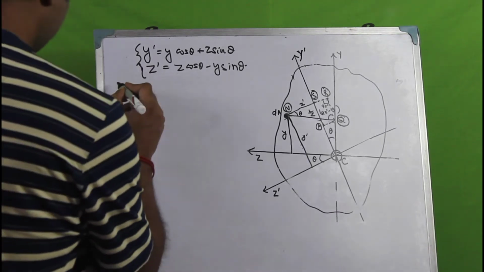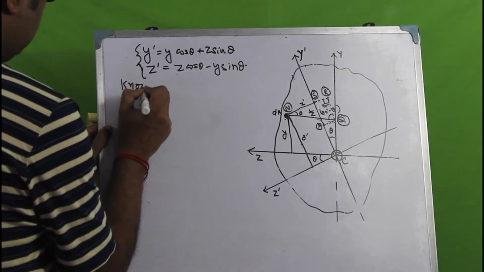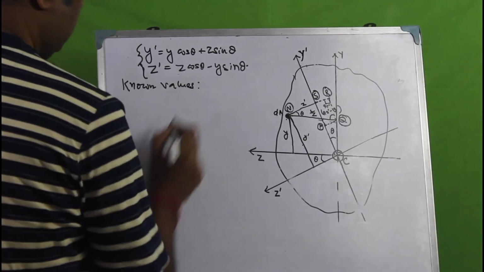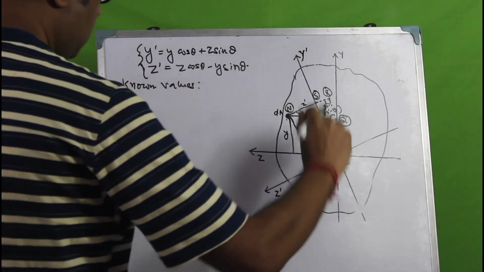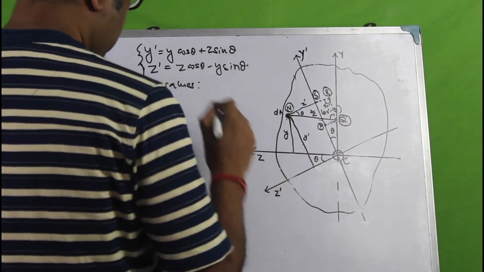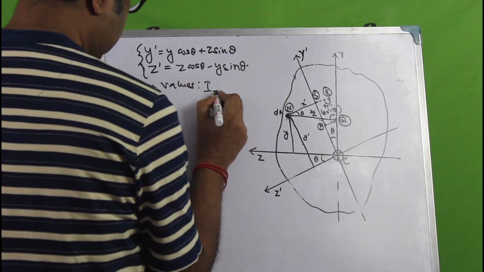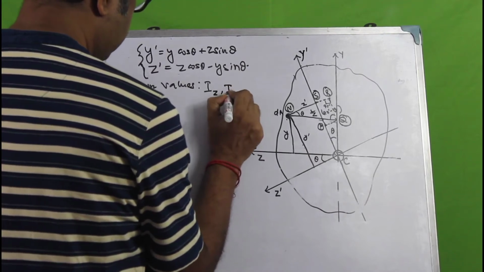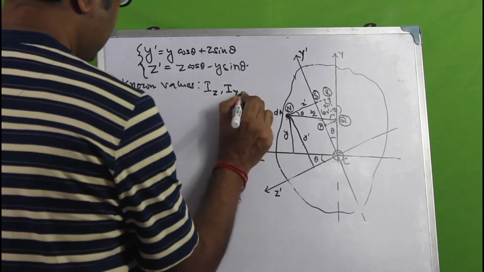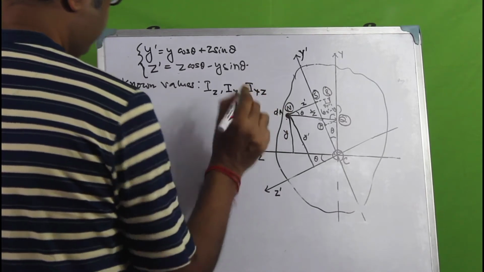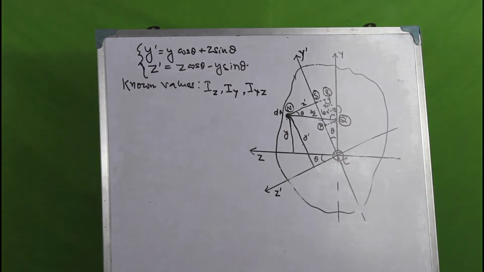The known values are: we know the moment of inertia of this cross section about the Z axis, the moment of inertia about the Y axis, and we also know the product of inertia about this set of axes, I Y Z.